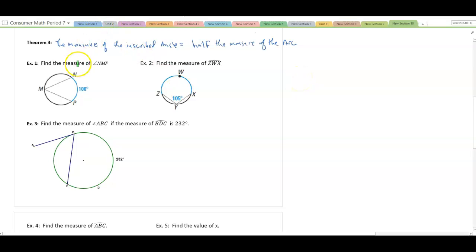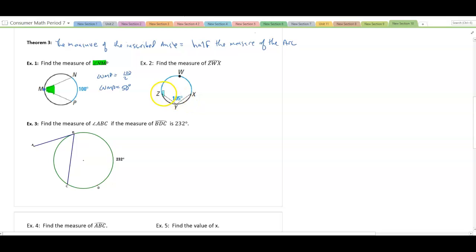Right away here, they want us to find the measure of angle NMP, which is this angle here. The vertex of this angle is on the circle, which makes it inscribed. If the arc is 100, we're going to say angle NMP is equal to 100 divided by 2, and angle NMP is 50 degrees.